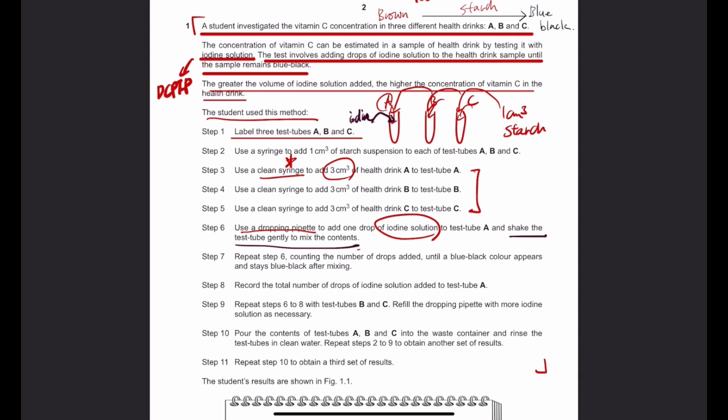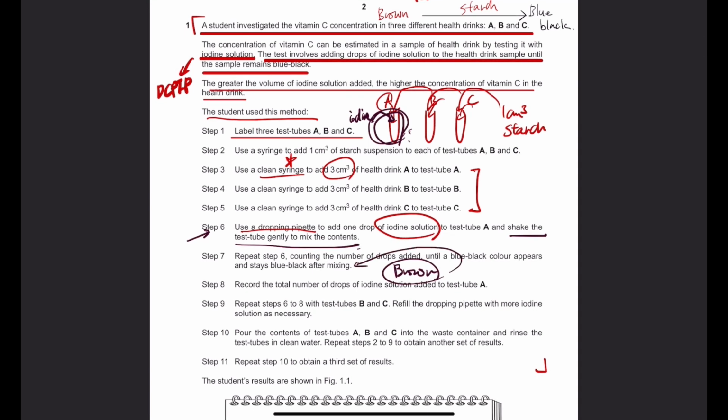And then repeated step 6 until the contents in the test tube turned blue-black. So I guess it was initially brown because the iodine solution was put into the test tube, and then changes color to blue-black.